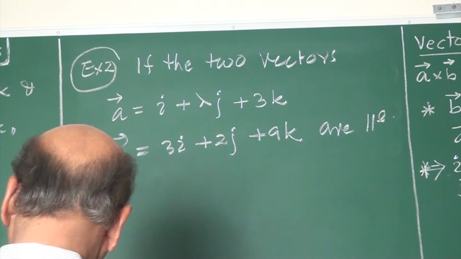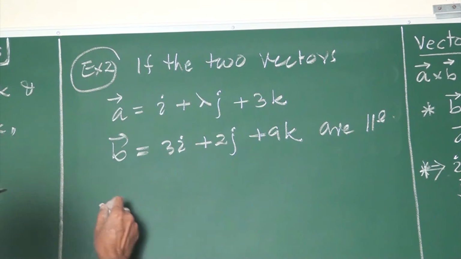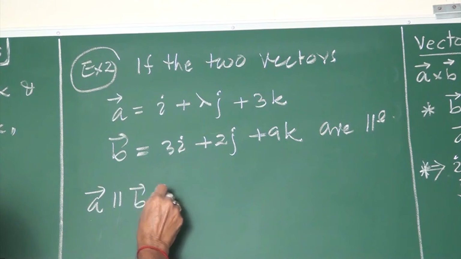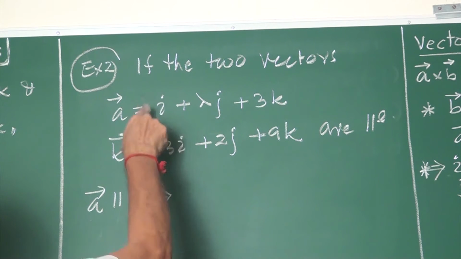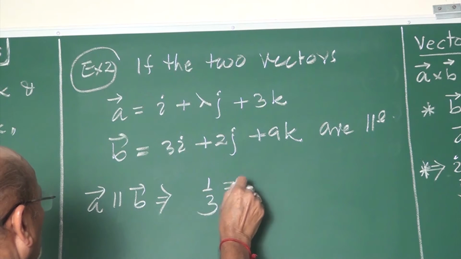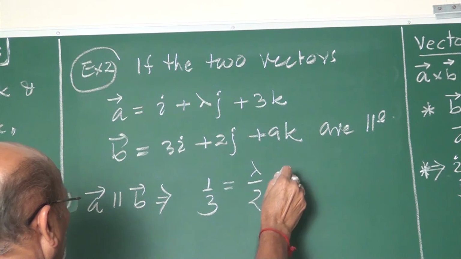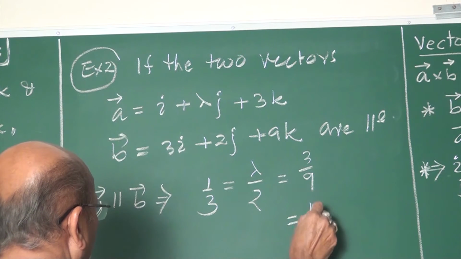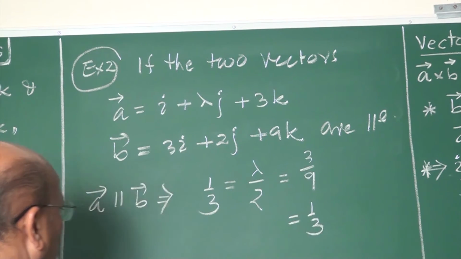Yes, my friend, same. Given vector A is parallel to vector B. I have written purposely one below the other. Coefficients: 1 by 3 equal to lambda by 2 equal to 3 by 9. That 3 by 9 is also 1 by 3. Equate.